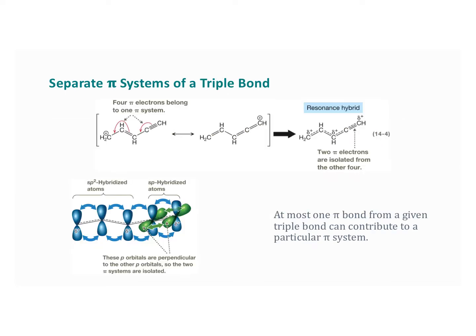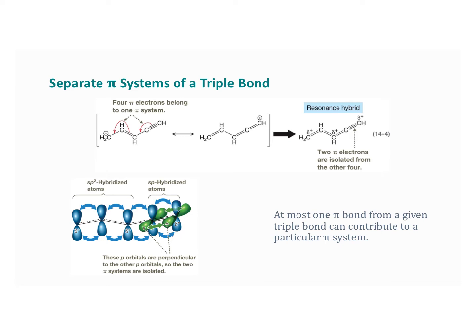Now, the species shown here has two separate pi systems, even though it has no tetrahedral carbons. One pi system has 4 pi electrons that are delocalized over 5 carbons, and then the other pi system has an isolated pi bond consisting of 2 pi electrons.